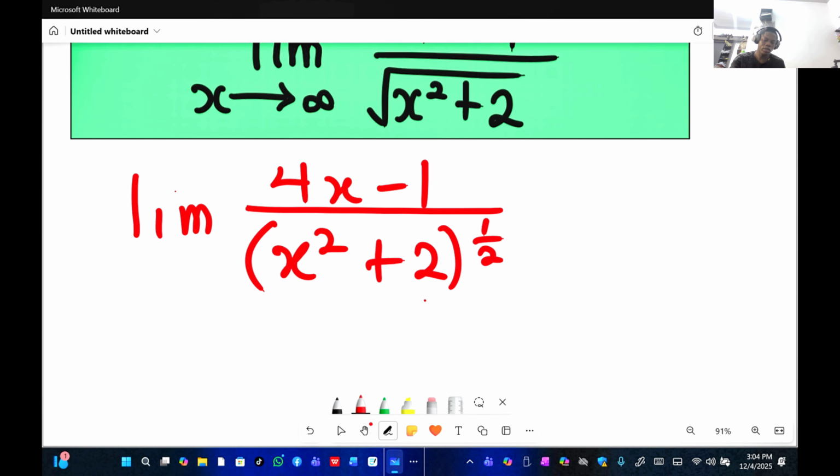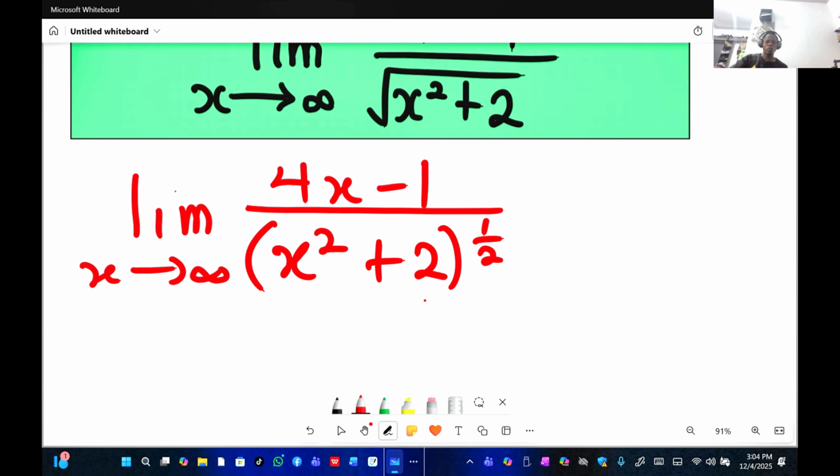Looking at this expression, we know that the square root of any number is the same as the number raised to the power 1/2. So we apply the same concept here.